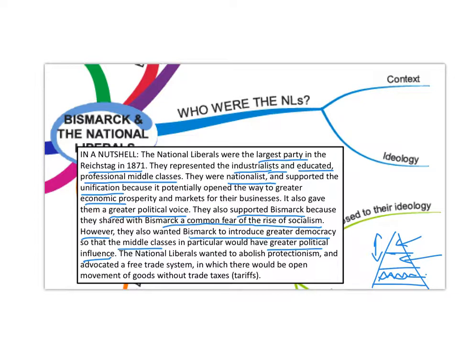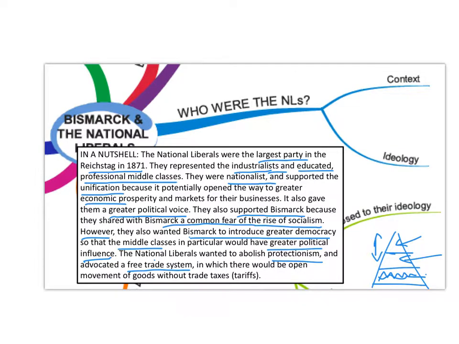The other thing is the National Liberals in 1871 at the beginning were very keen about having a free trade system, getting rid of what we call protectionism. Protectionism is when taxes are imposed on internal and external borders.